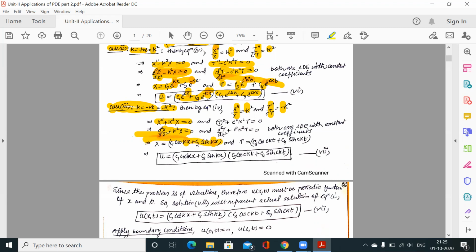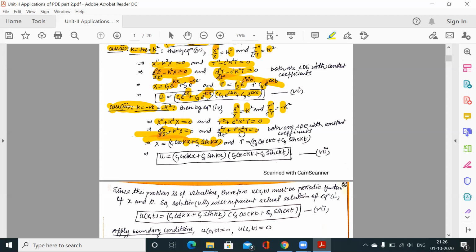Now for the second equation, t double dash plus c square k square t equals 0, this is again an LDE with constant coefficients. First we get the auxiliary equation m square plus c square k square is 0. So the roots are plus minus cki, again complex roots.